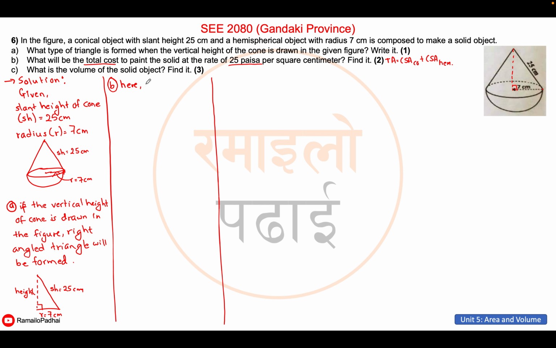Here the total area that needs to be painted is, total area is equals to curved surface area of cone plus curved surface area of hemisphere.